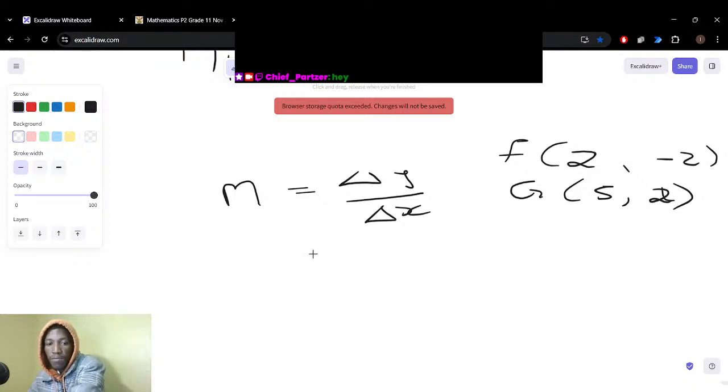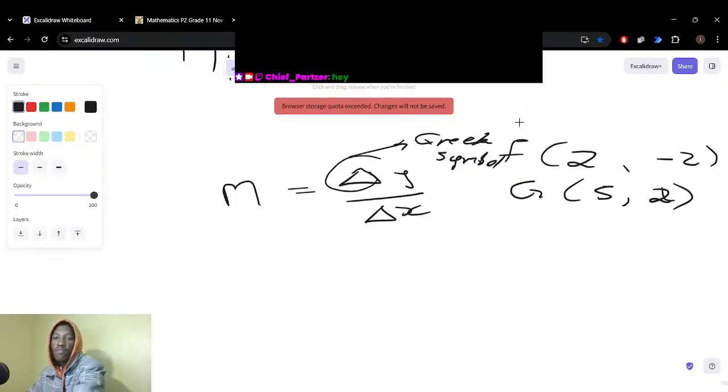So another person may be confused about what this triangle in front of y and in front of x stands for. Basically, this triangle is a Greek symbol. Maths tends to use a lot of Greek symbols such as alpha, beta, delta, etc. Understand?